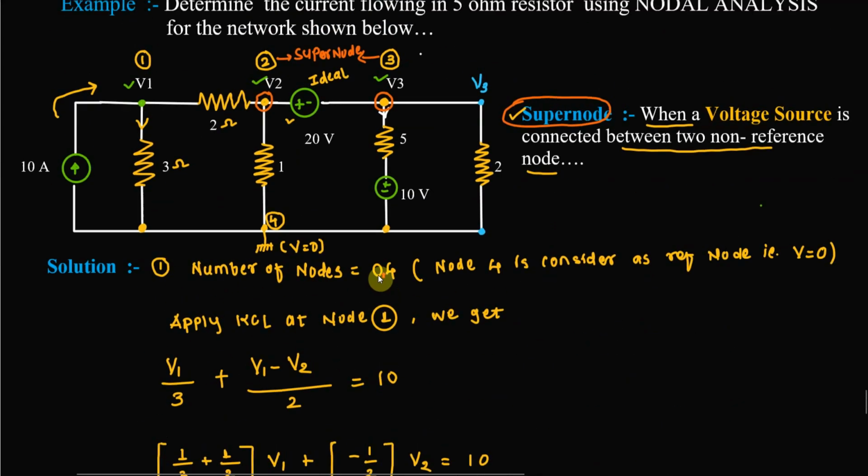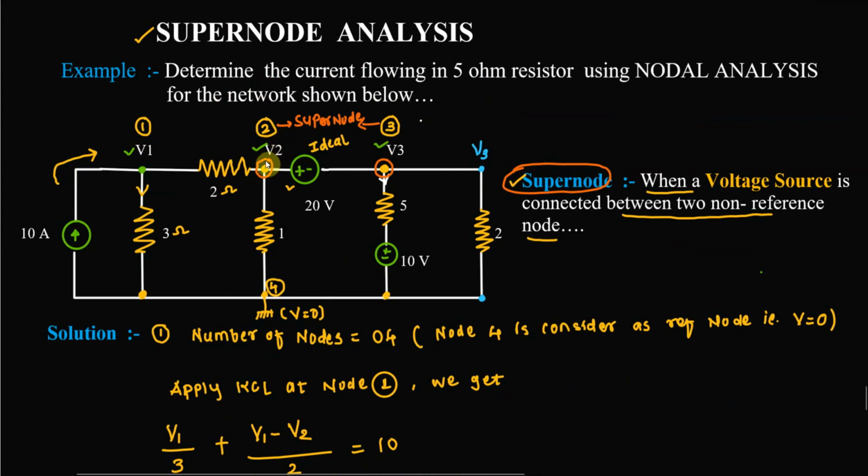So if you see the supernode, here the voltage is V2, which represents plus 20, and here the voltage is V3, so it represents minus. So if you take the difference, V2 minus V3 is equal to 20.